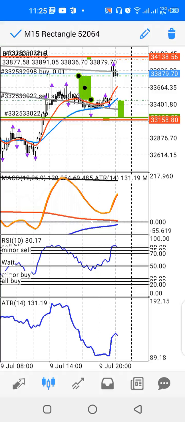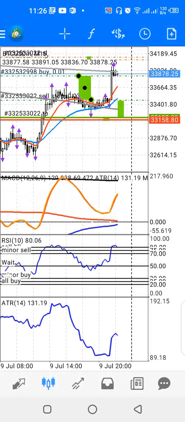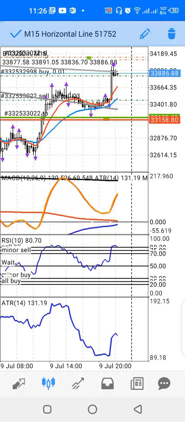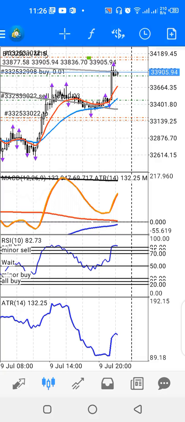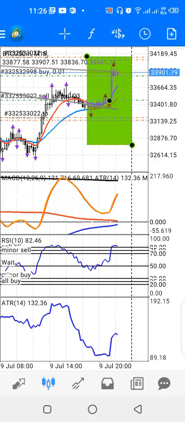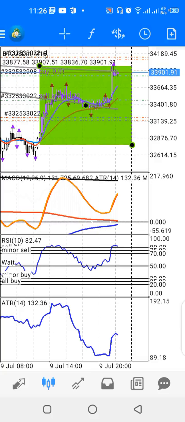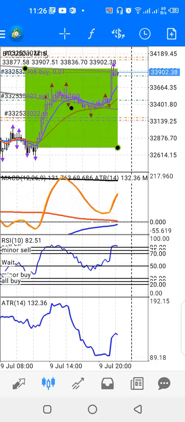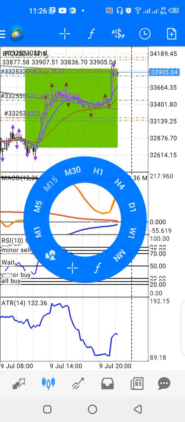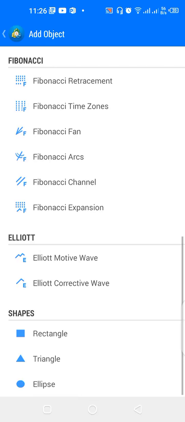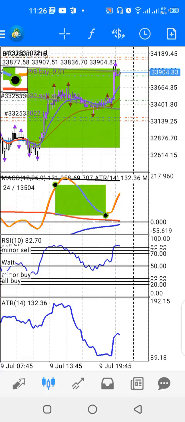For the trading strategy on the screen, we have 4 indicator windows. The first window is your main window. The second window is indicator window 1.